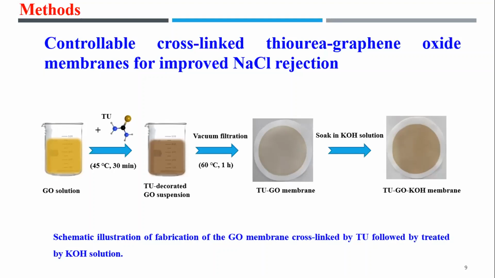The obtained solution was then diluted and run through an MCE substrate under a pressure of 1 bar to realize the assembly, and the membrane was then placed in an oven for an hour to obtain the side-zero graphene oxide membranes. Afterwards, it was soaked in potassium hydroxide solution to obtain side-zero graphene oxide potassium hydroxide membranes.